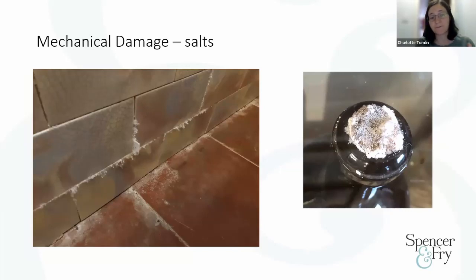So for example, in contexts where salts might be present, so if you've got a collection that has been recovered from a maritime context, or if you have a building that suffers from groundwater damp, the salts from the groundwater or the salts from the marine environment, as RH circulates and becomes damp and dry, these salts can, I can never say this word, effervesce.